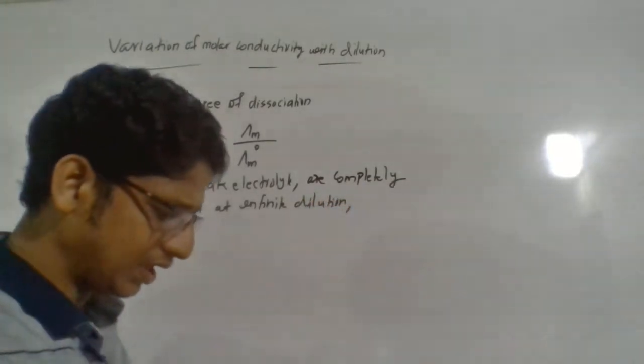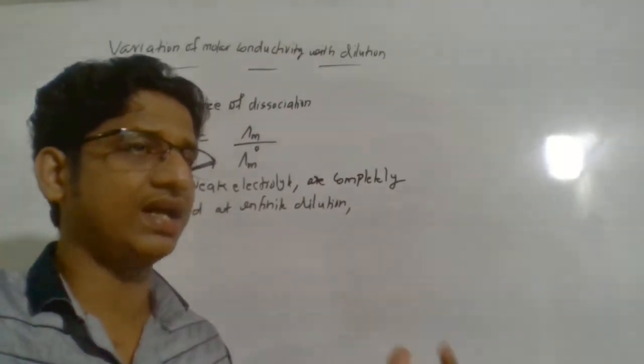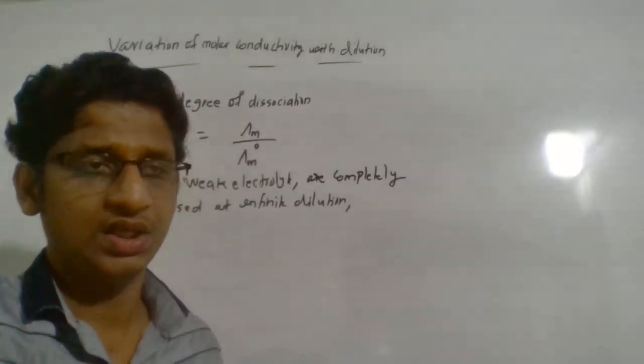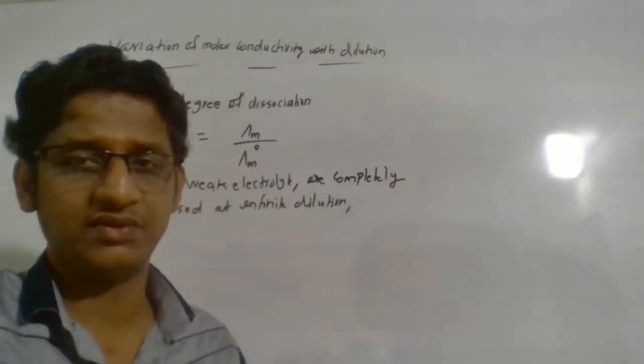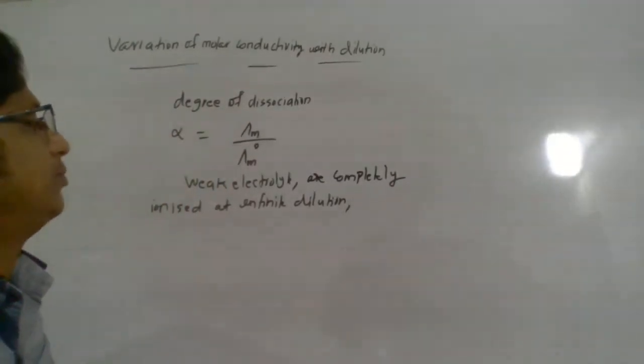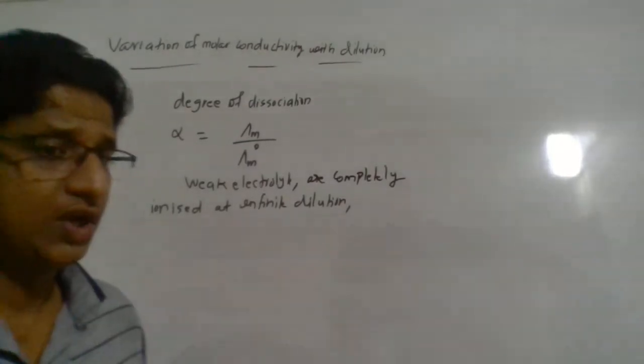If you dilute, that's the case. We take the molar conductivity at infinite dilution, and if you have the molar conductivity value, divide it. That will give the idea about the degree of dissociation, especially for a weak electrolyte.